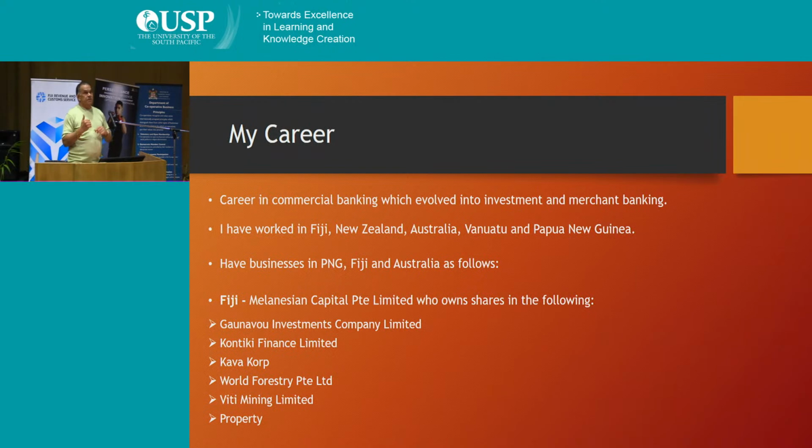One big difference between Fiji and Vanuatu is that Vanuatu is way ahead in terms of market share. They supply most of the kava into the US kava bar market because they've been able to differentiate each variety and market it as such. It's called provenance. In Fiji, it's all mixed.